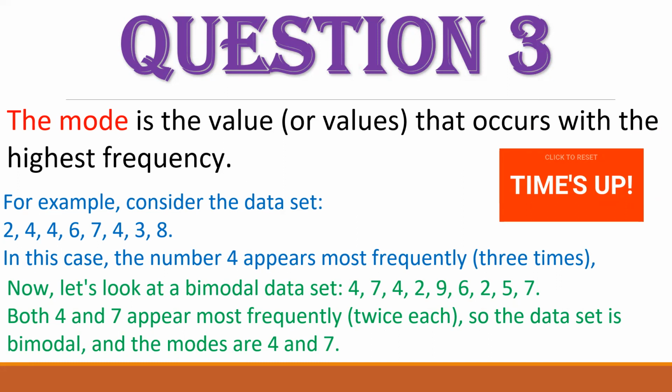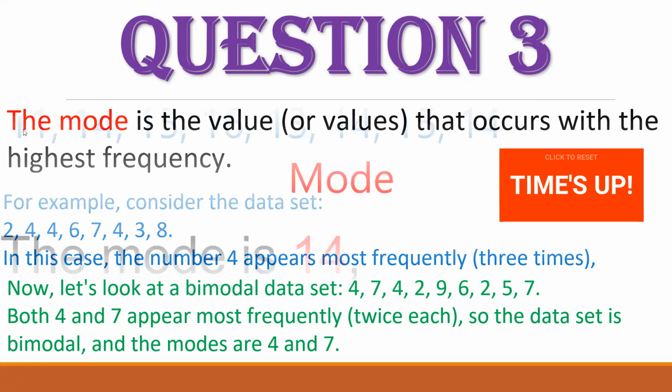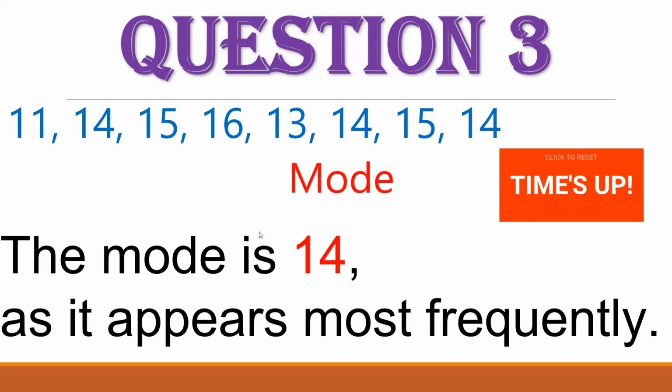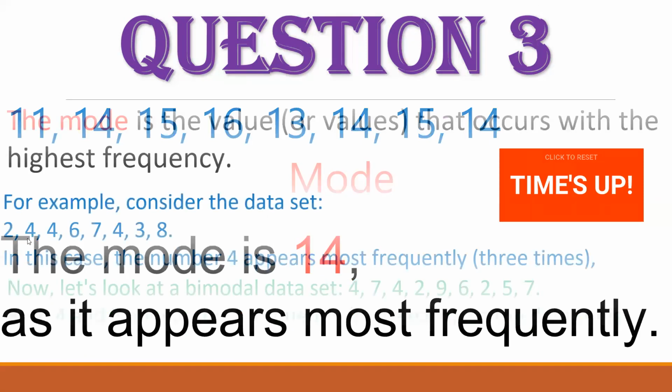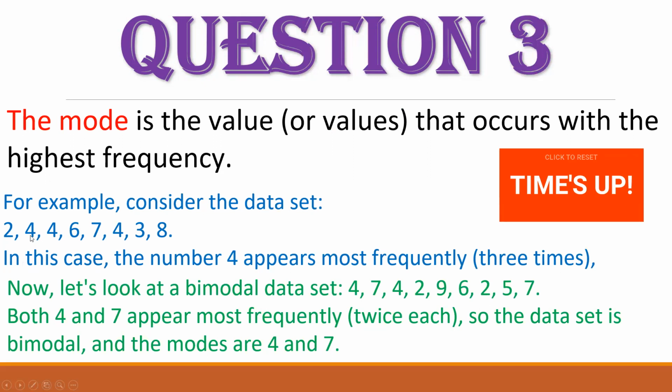For example, as you see, 4 is used 3 times. Just count how many times each number is used. In this example you have 2, 4, 4, 6, 7, 4, 3, 8.